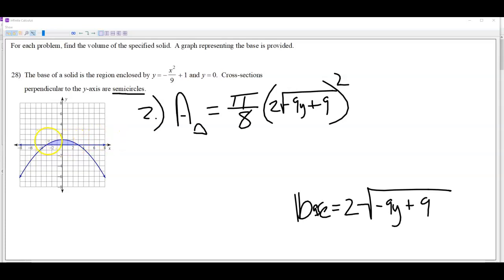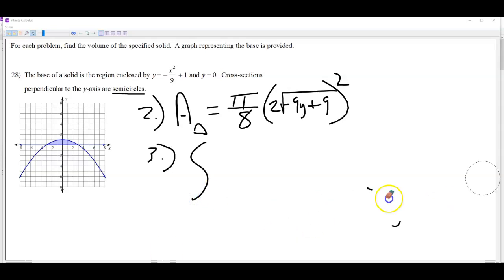Then finally, we're stacking an infinite number of semicircles on top of this shape, and we're going to add them all up, and that's where the integral comes into play. But you got to remember, this is another thing where when you're integrating perpendicular to the y-axis, you're going to be integrating with respect to y, which means that your limits of integration are going to be the bottom and top of your graph rather than the left and the right of this graph over here.